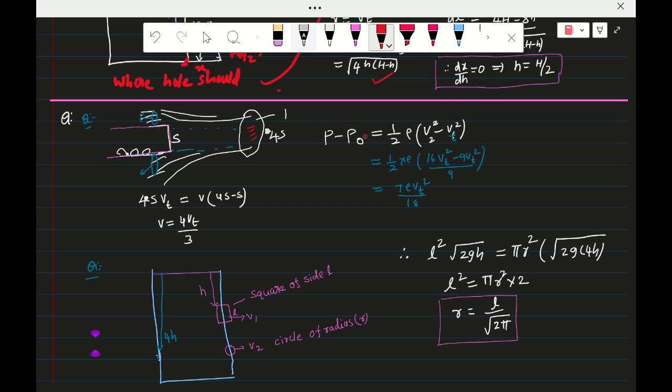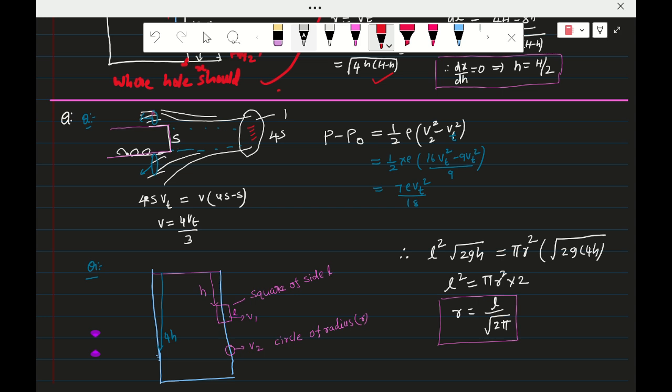The pressure difference between the air moving on both sides of the train, that pressure difference between the wind and the train is P minus P naught, which is equal to 1 by 2 rho into V2 square minus V1 square. Here V1 means velocity of the train, V2 means velocity of the wind.